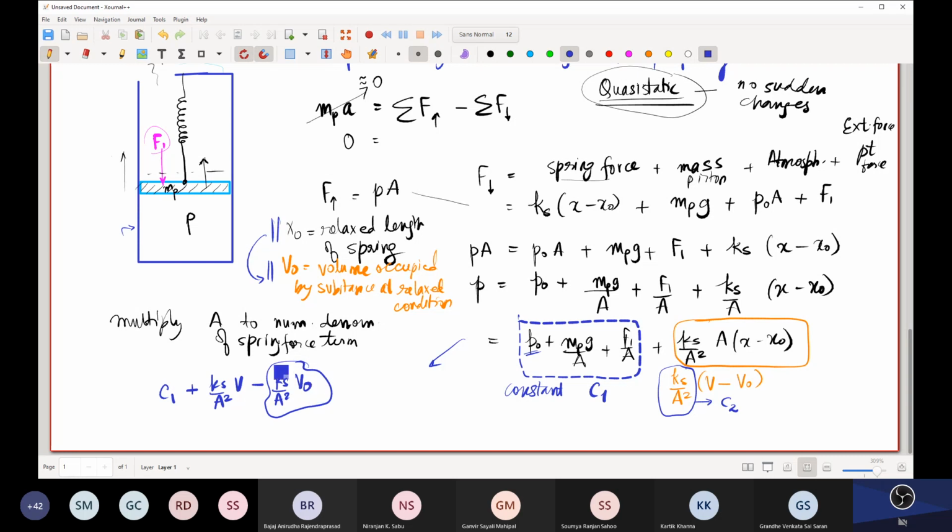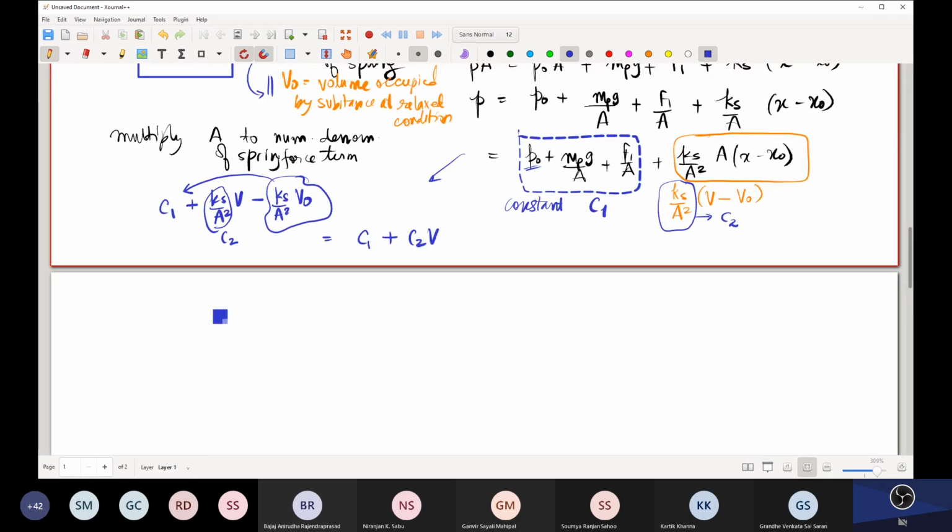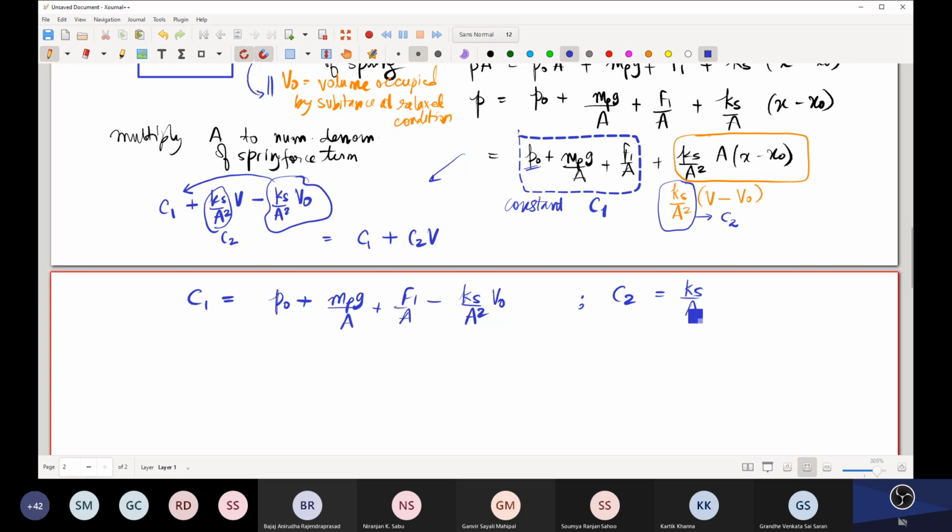So we can absorb this into C1, and we can write this constant as C2. Therefore this becomes C1 plus C2 times V. So now when we write it as this, C1 is P naught plus mass of piston times g over A plus F1 over A minus Ks over A square times V naught, and we can write down C2 as Ks over A square.